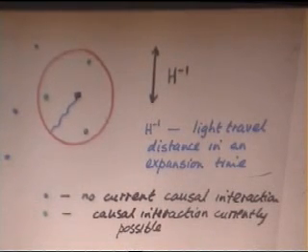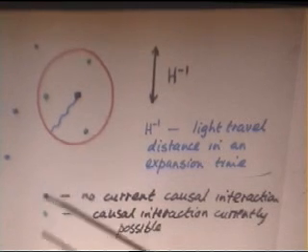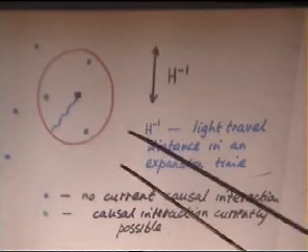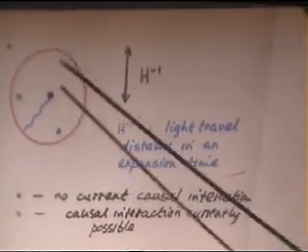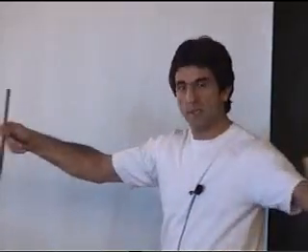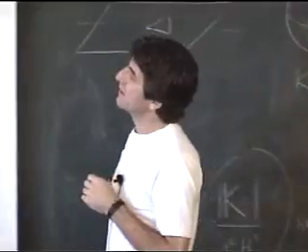The green ones are the ones with which I can at that time communicate through light signals or other propagating particles, and the blue ones are the ones with which I cannot at that time communicate. Because the blue ones happen to be outside my Hubble radius, they're further away than the light travel distance in an expansion time. Because as I'm looking at these particles, we're all being stretched away from each other by the expansion of the universe.